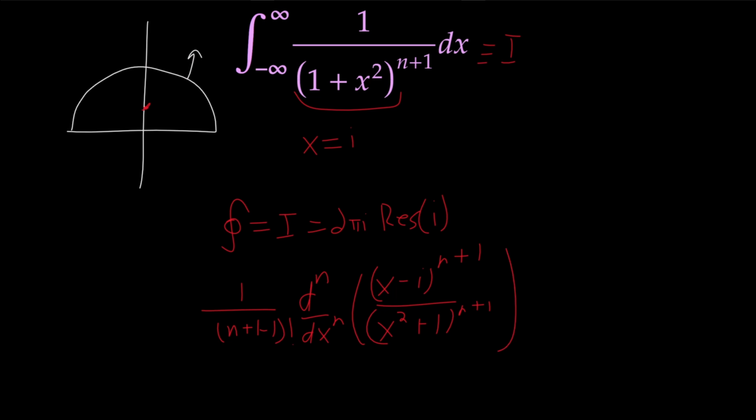We can say that's x plus I, x minus I, and distributing the n plus 1 in the exponent, we find that the x minus I, when we factor it, cancels with the numerator, really just leaving us with 1 over x plus I all to the n plus 1, and this is actually a limit as x approaches I.